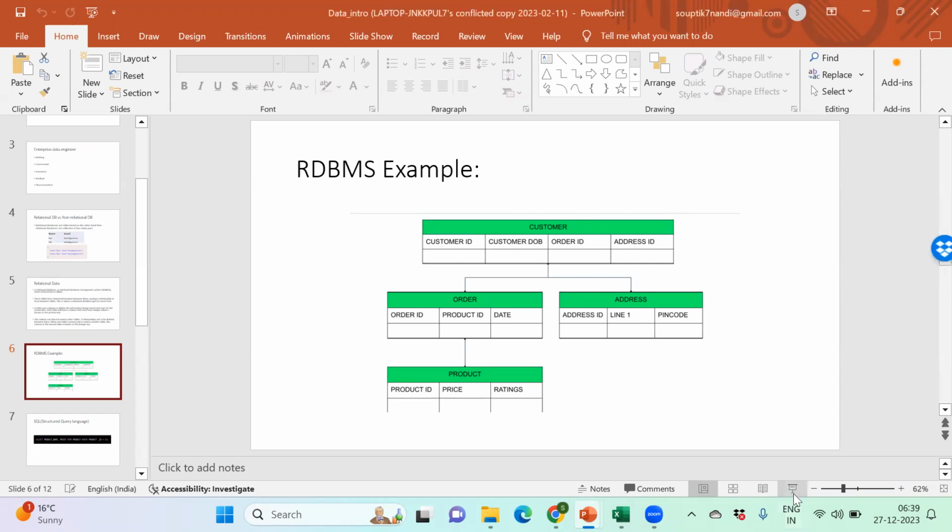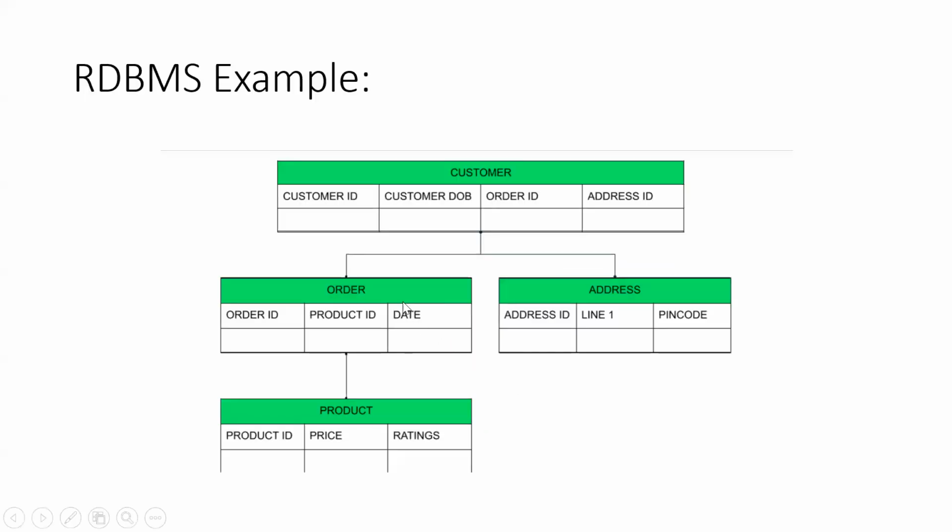Okay, let me quickly repeat this once more. What is primary key and foreign key in a relational database management system? Because this is very, very important. In this relational database management system, with a customer table and an order table, in the customer table the customer ID should always be unique.